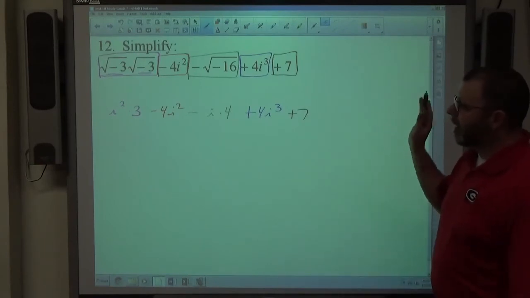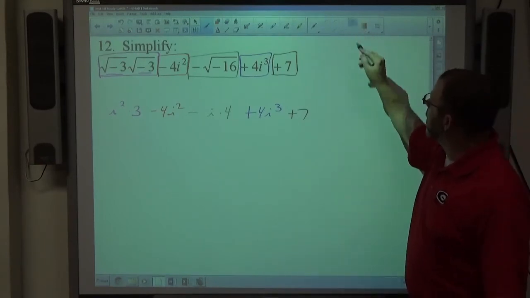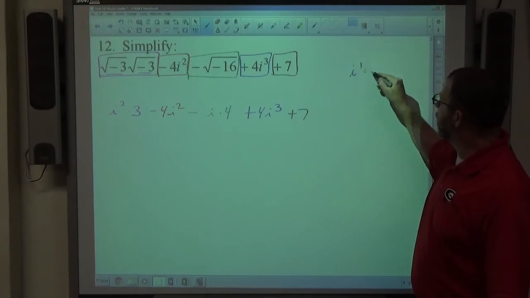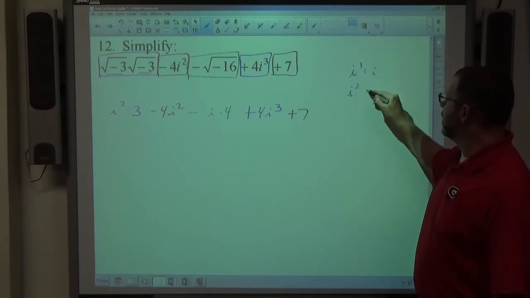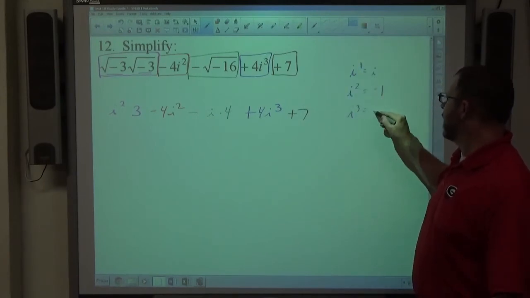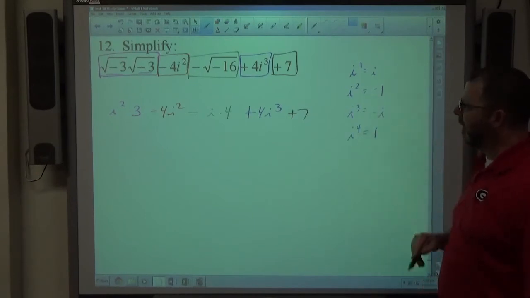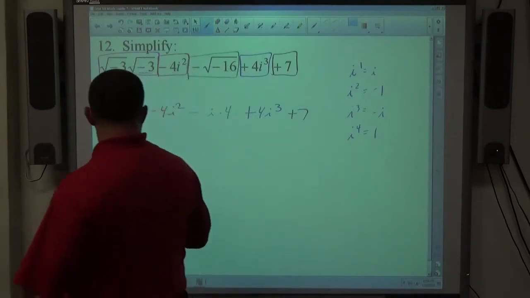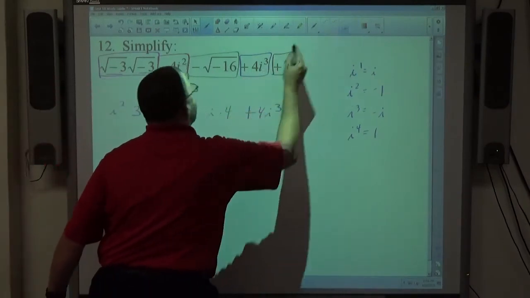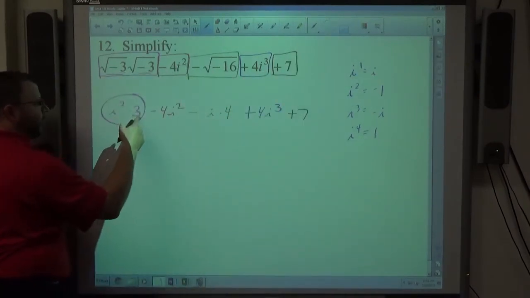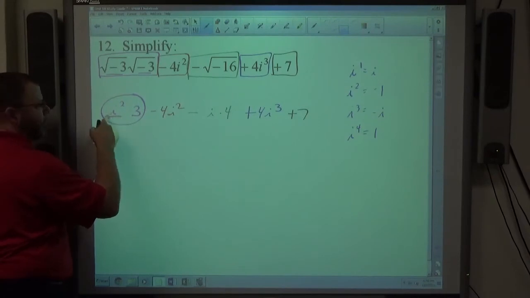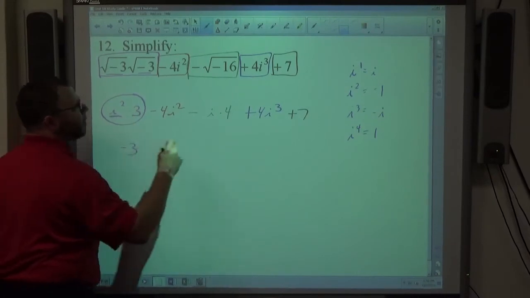Once I get to this point, now I've got i's to powers. Now I'm going to worry about my power rules. So i to the first is i, i to the second is -1, i to the third is -i, i to the fourth is +1, and i to the fifth continues on that way. So this purple thing here is just 3 times -1. -1 here times 3 makes -3.